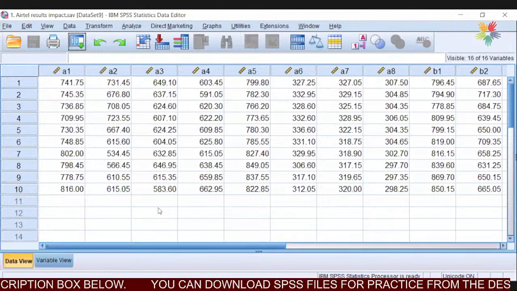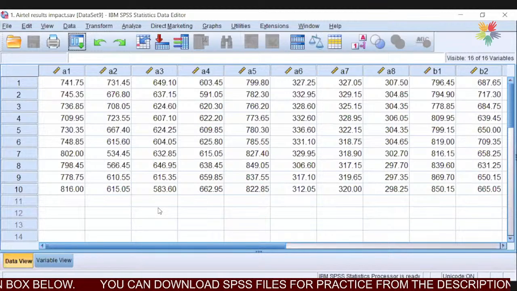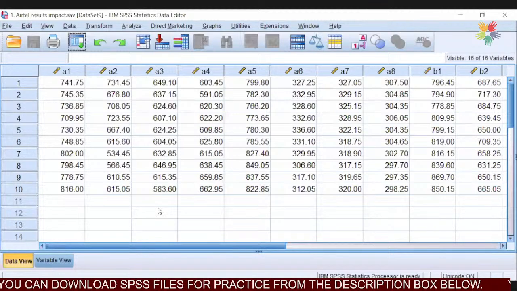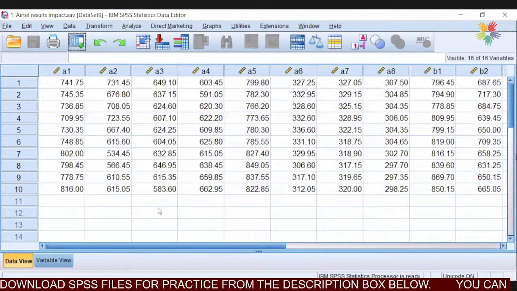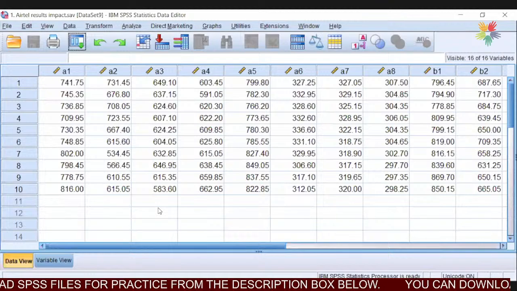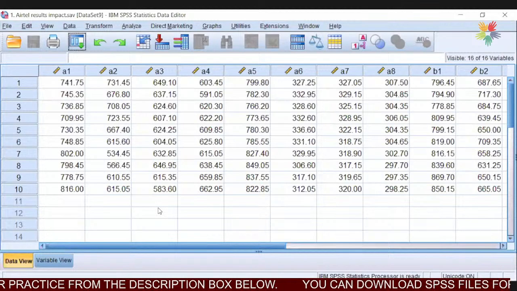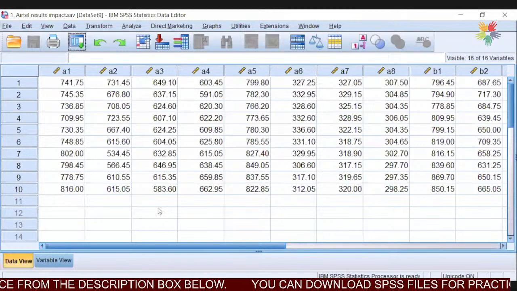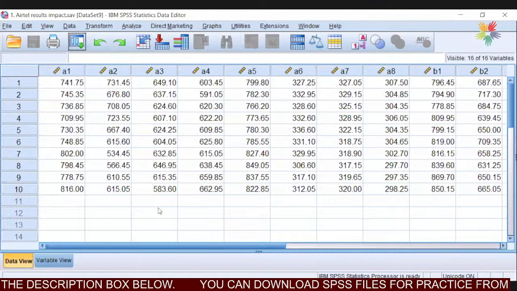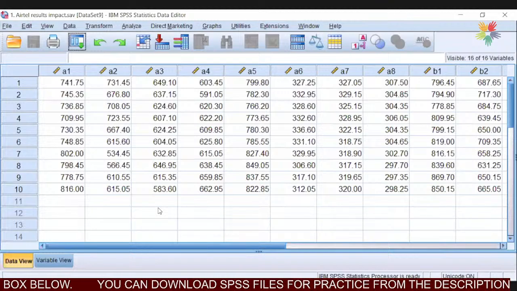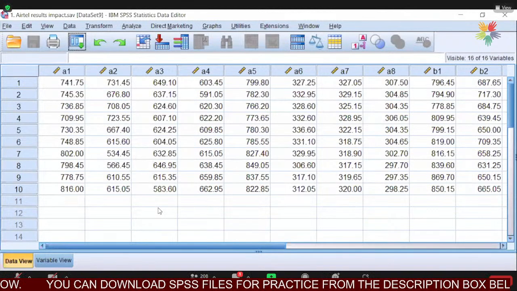Why are they announcing the bonus shares? To increase the shareholders' wealth, because that is their objective. What do you mean by increasing the shareholders' wealth? To increase the share price. So they want to increase the share price so that the wealth of the shareholders will improve. They do all these things.